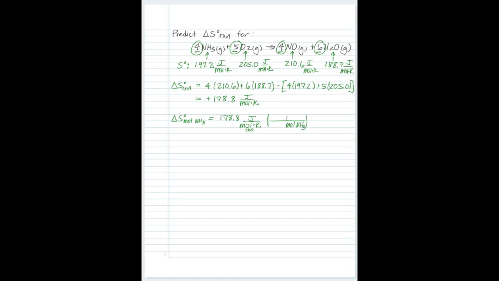We're going to do some dimensional analysis. So we're going to put moles of reaction on top and moles of NH3 on the bottom. And for every 1 mole of reaction, there are 4 moles of NH3 reacting, okay? Because by definition, this whole thing, all these coefficients up here are one reaction. So that's one single unit there.